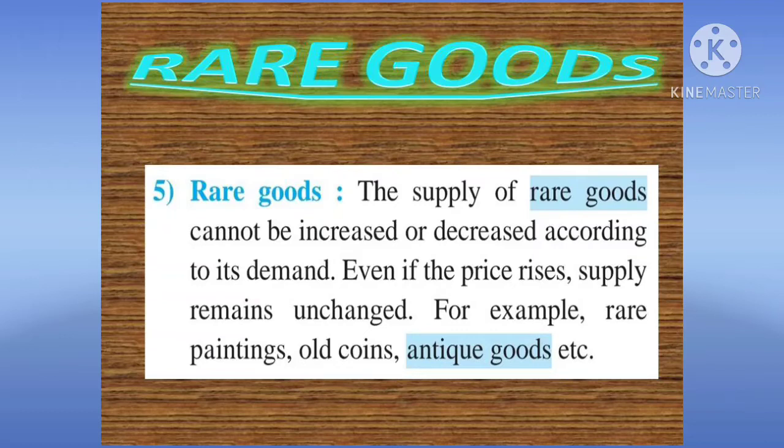The supply of rare goods cannot be increased or decreased according to its demand. Even if the price rises, supply remains unchanged. For example, rare paintings, old coins, antique goods, etc.